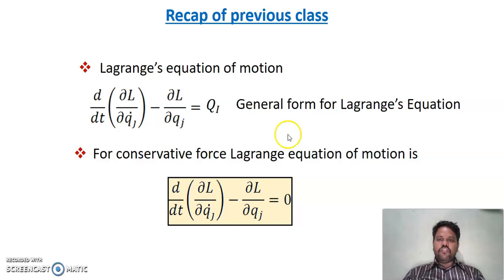For a conservative force, Qi is equal to 0. Then the Lagrangian equation of motion becomes d by dt of dou L by dou Q dot J minus dou L by dou Qj is equal to 0.